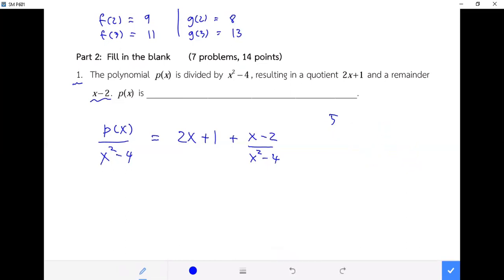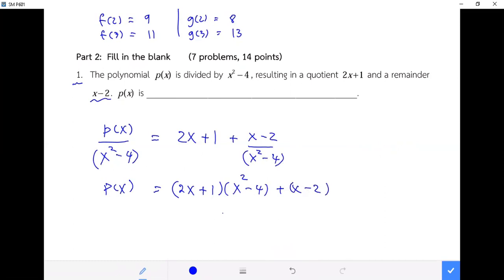So if you want to find P(x), you multiply this one to all of the terms. So it's P(x) equals 2x plus 1 multiplied with x squared minus 4. This one, if you multiply, it's cancelled. Very easy. You can do it by yourself now.